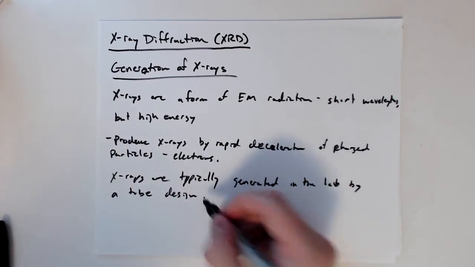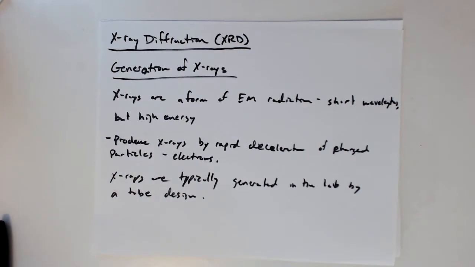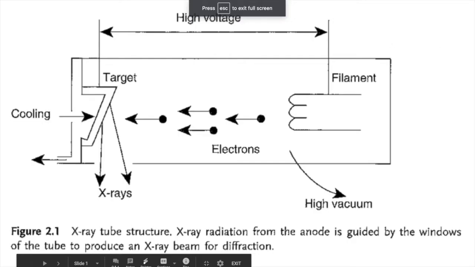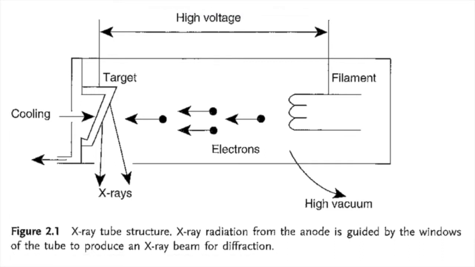And let me switch over to the slides and show you that tube design. All right, here's a figure from our book, figure 2.1, and it shows the X-ray tube design that is fairly common. And so we start out with the filament. The filament is contained within a vacuum tube, hence the tube. So this whole thing is under vacuum. So we have a filament, and a high voltage is applied to that filament, just like an old-fashioned filament in a light bulb.